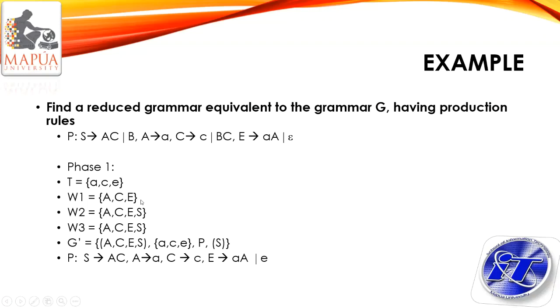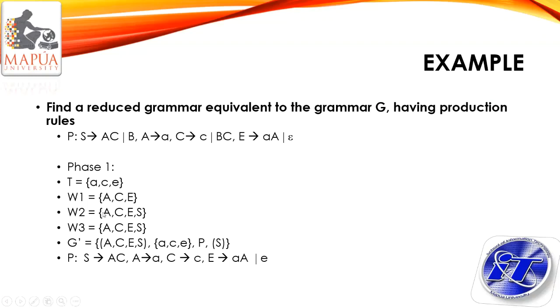Okay, so definitely in the next cycle, we're going to include the previous W, which includes A, C, E. Okay, ACE is included. And then, which among other non-terminal symbols will yield ACE?